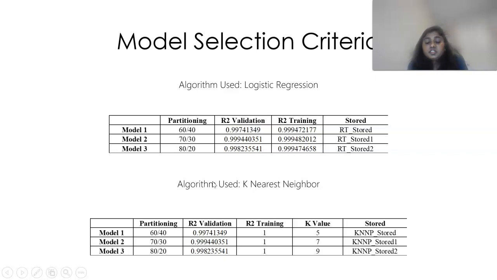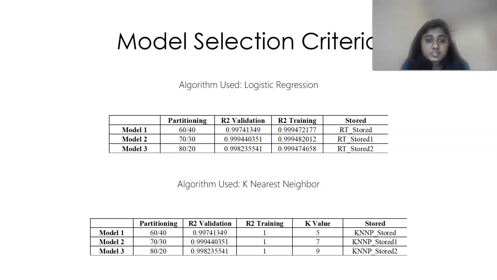So after the model selection criteria, after using the 2 algorithms, logistic regression and KNN, on the 3 models: for logistic regression we have done partitioning for the first model as 60/40, and we have the R-square value for both validation and training for the 3 models. For model 2 we have done partitioning as 70:30, and the R-square values we have got for validation and training are almost the same.